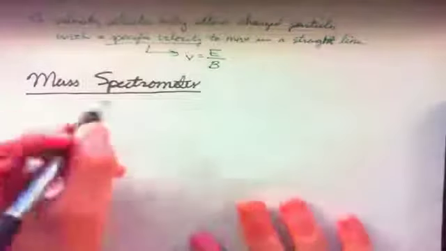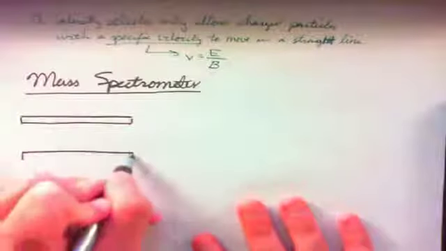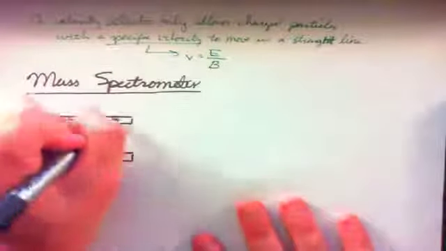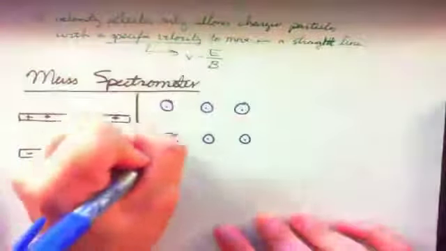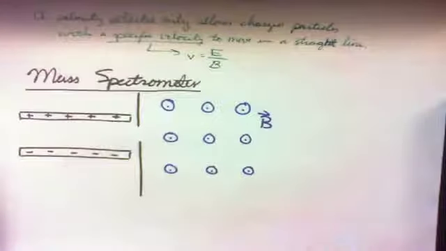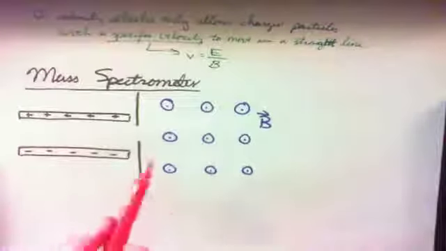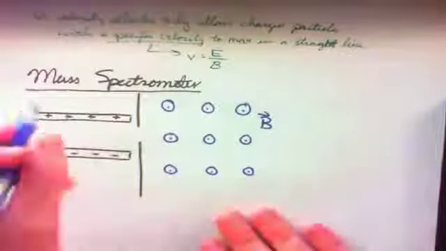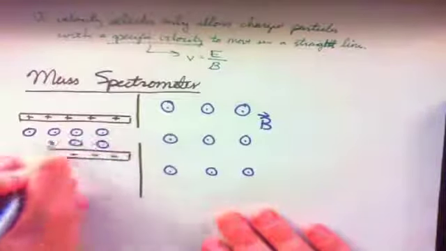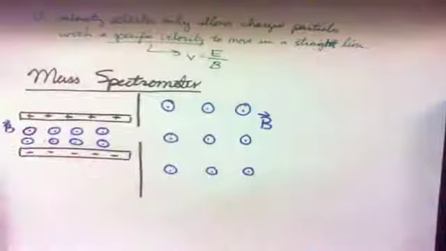A mass spectrometer, at its basis, is a velocity selector, and then the particles move through the velocity selector, and after that they pass into a region of constant magnetic field. So you're shooting particles through the velocity selector. The velocity selector does its job. Only particles with a very specific velocity can pass through, and once they reach the constant magnetic field, they'll be deflected.